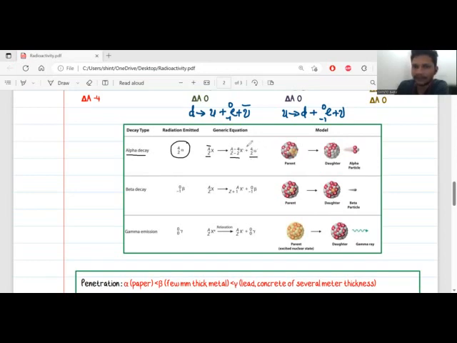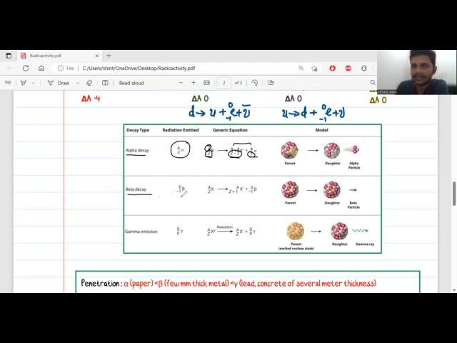Along with that, you have an alpha particle. So when you add A minus 4 plus 4, you will get your A. When you add 2 plus Z minus 2, you will get your Z. Okay, so the nucleon number is conserved.